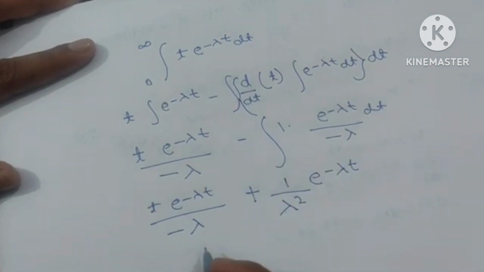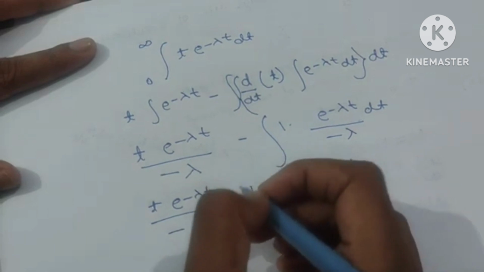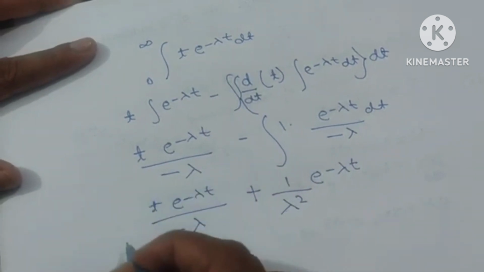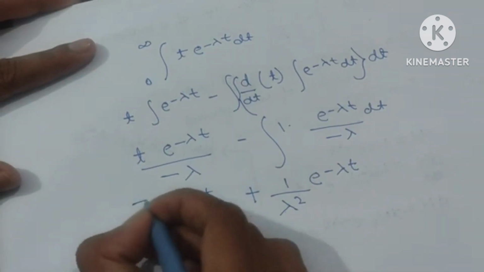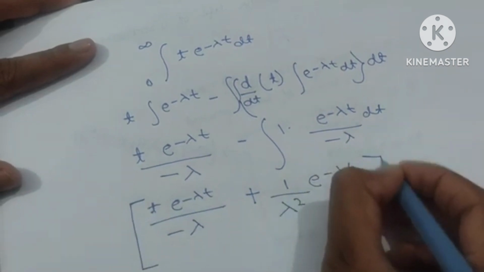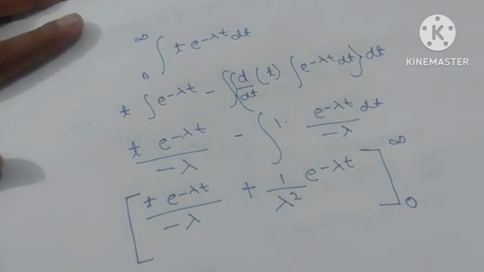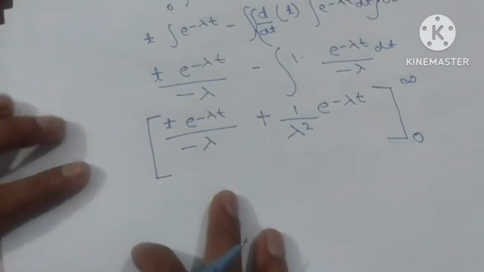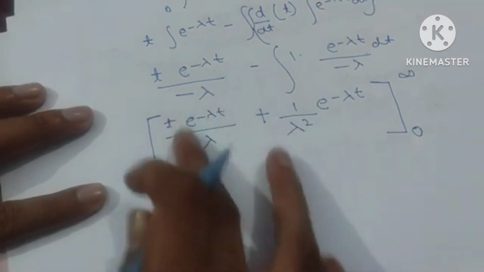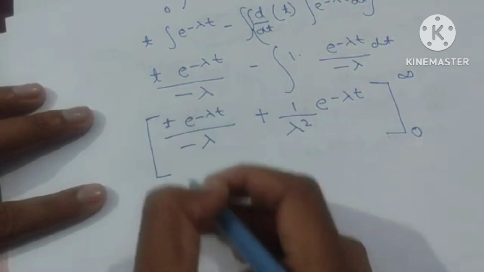Okay, this is what we'll have. Now we know this is from 0 to infinity, and this will become the 0. Okay, this will become the 0.